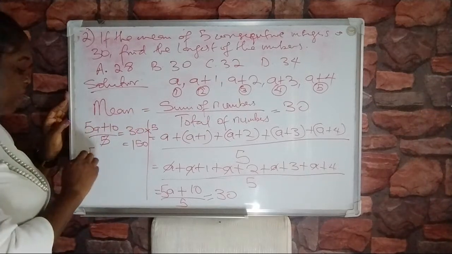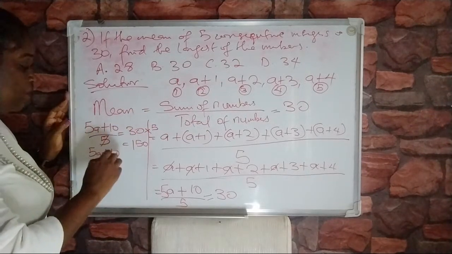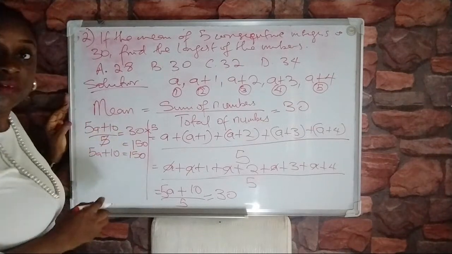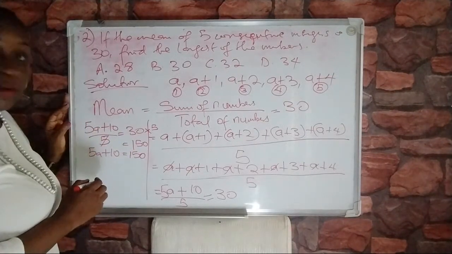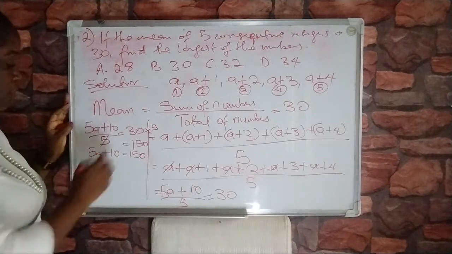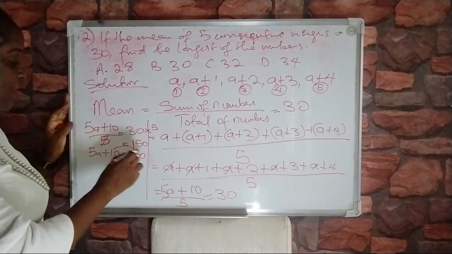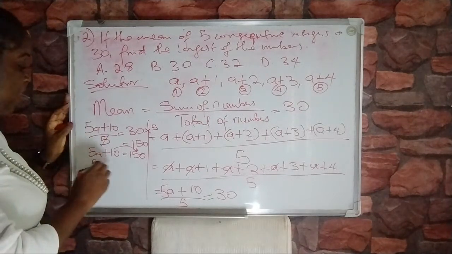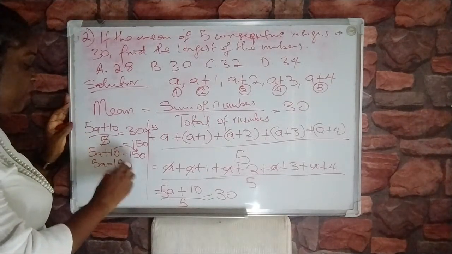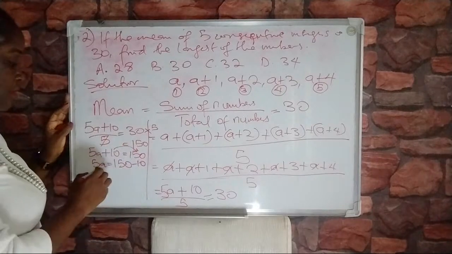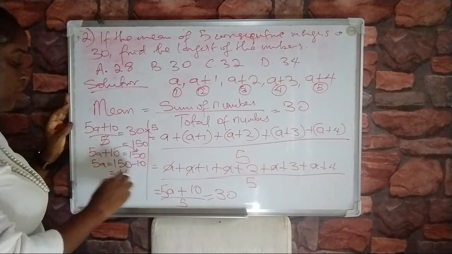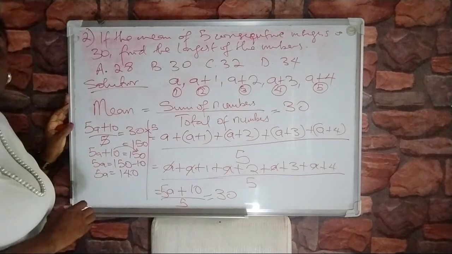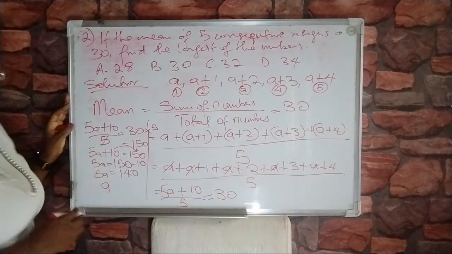So we have 5A plus 10 equals 150. We subtract 10 from both sides, so 5A equals 150 minus 10, which is 140.